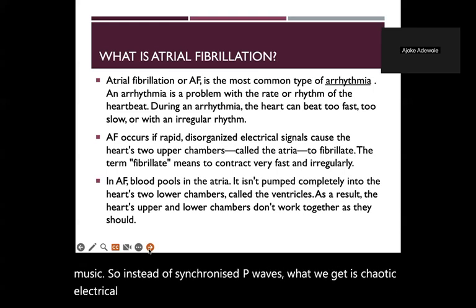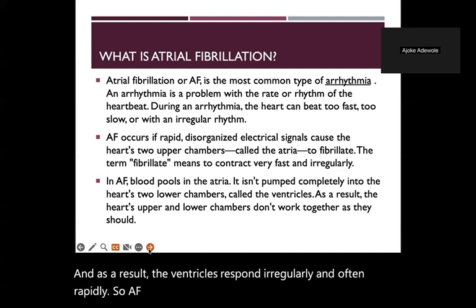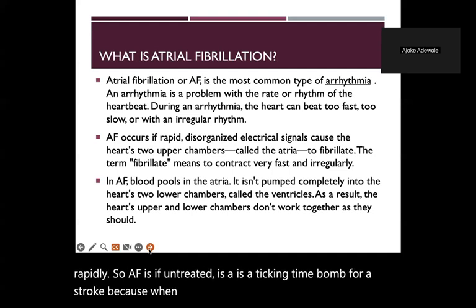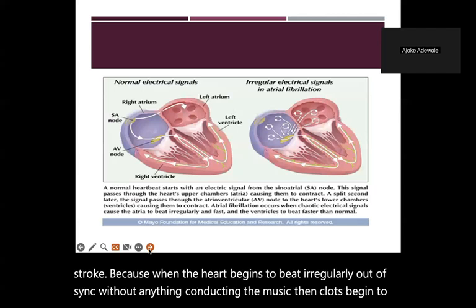The atria quiver, that is, they fibrillate, and as a result, the ventricles respond irregularly and often rapidly. So AF, if untreated, is a ticking time bomb for a stroke, because when the heart begins to beat irregularly, out of sync, without anything conducting the music, then clots begin to form.